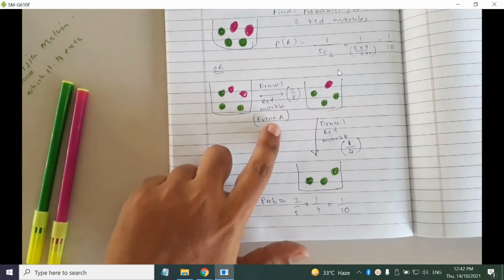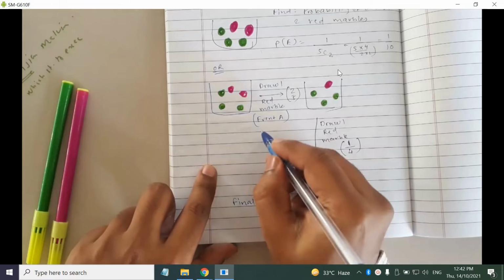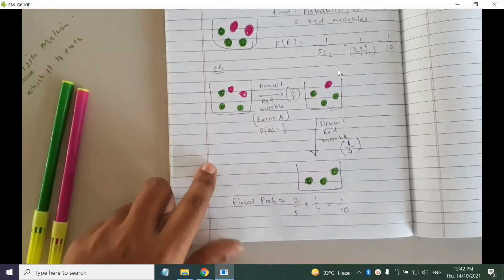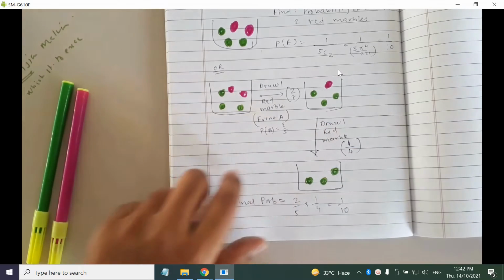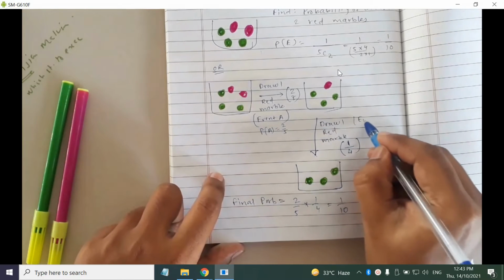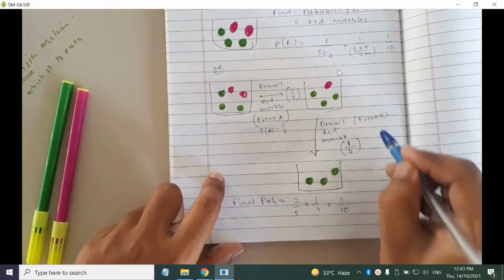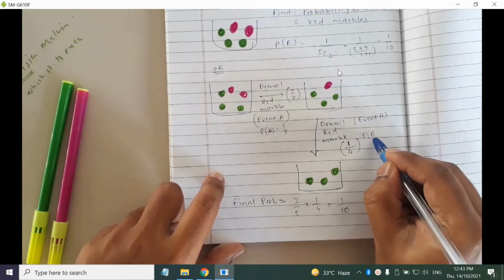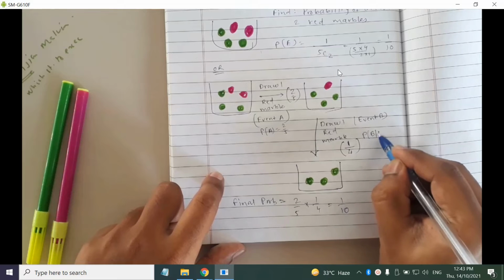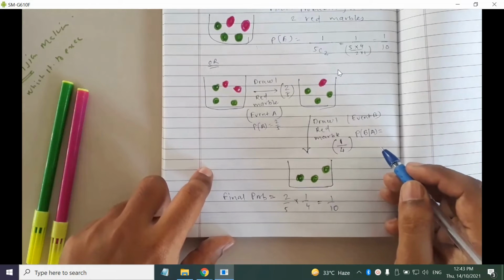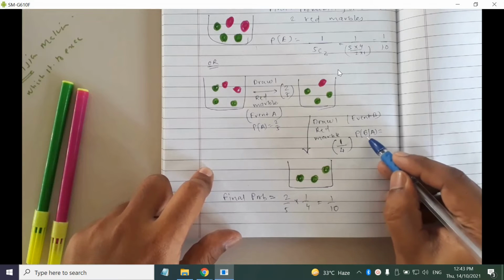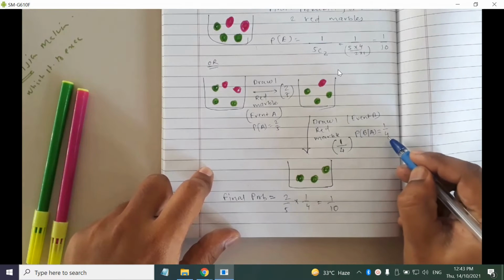This is my event A, and the probability of event A is 2 by 5. And this is the event B, but this 1 by 4 is actually the probability of B when A has happened. When A has already occurred, what is the probability of B? It is 1 by 4.